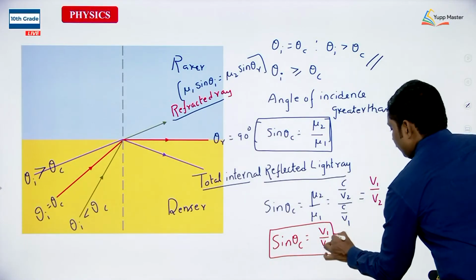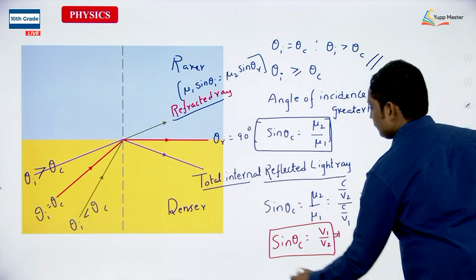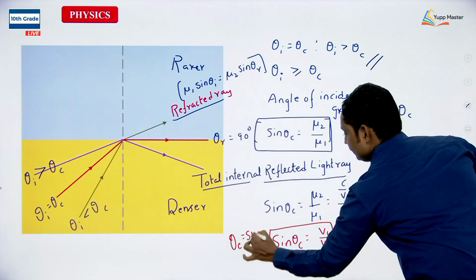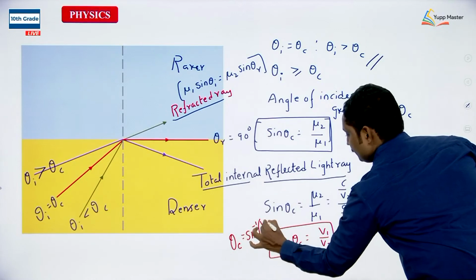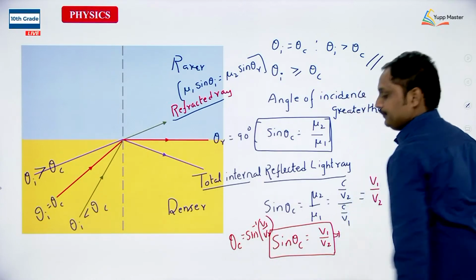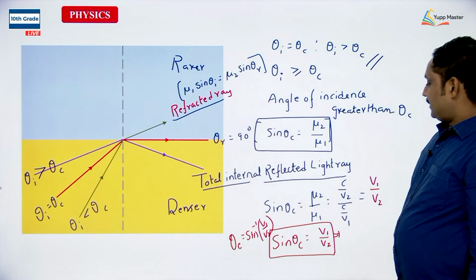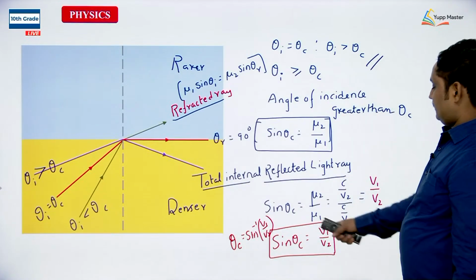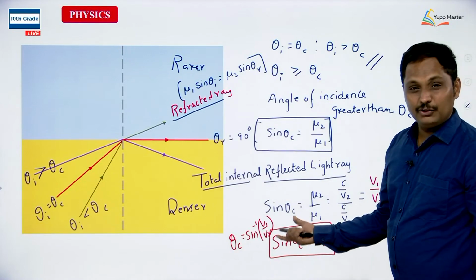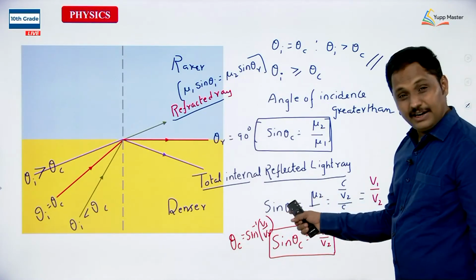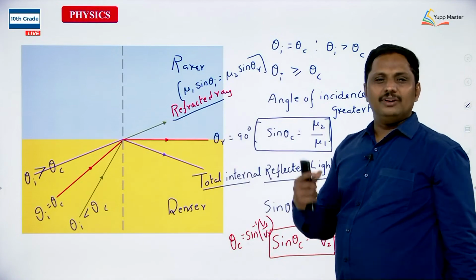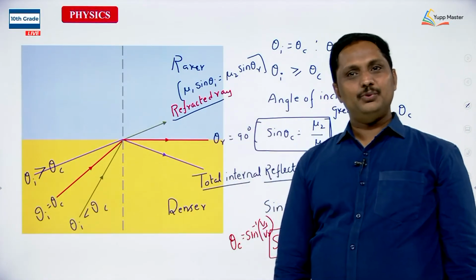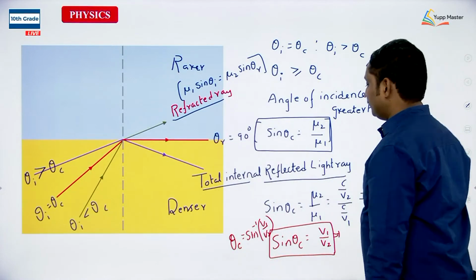Now, you will find easily that theta c is equal to sin inverse of v1 by v2. When do you get that? Theta c has a relation with v1 and v2. If they have given v1 and v2, the speed of light in medium 1 and the speed of light in medium 2, how will you find the critical angle?